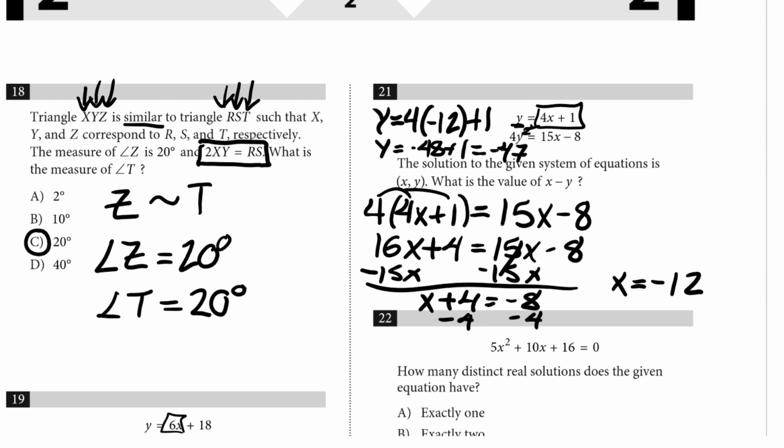So x minus y would be negative 12 minus negative 47. Negative and negative make a positive, which will give us negative 12 plus 47, which ends up as 35.